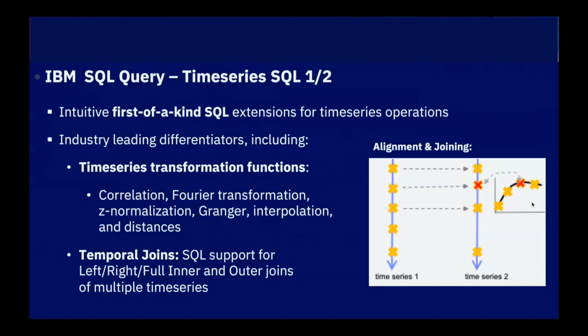Time-stamped data means you have a series of measurements with a timestamp, like a sensor feed, right? For each sensor, for each device ID, you have a sequence of: this is the timestamp, this was the measurement, this is the timestamp, this was the measurement. So that's one time series. And then you may have 1 million devices, so you have 1 million of those time series.